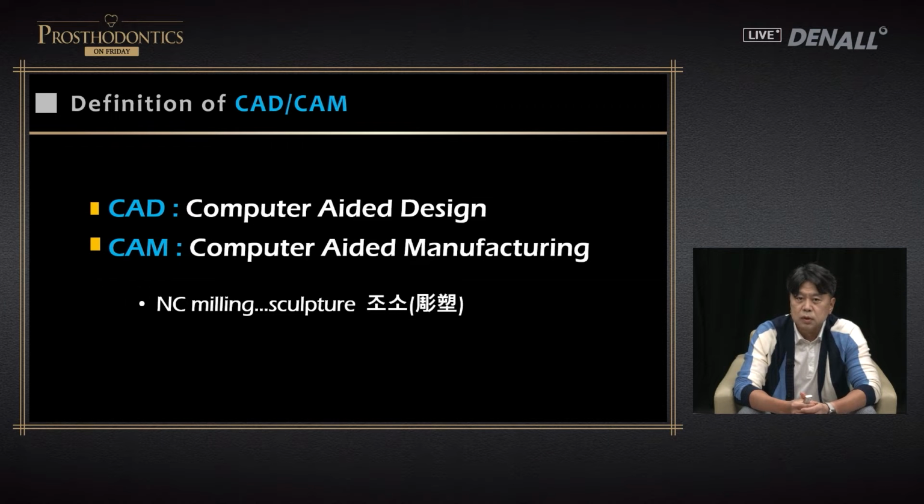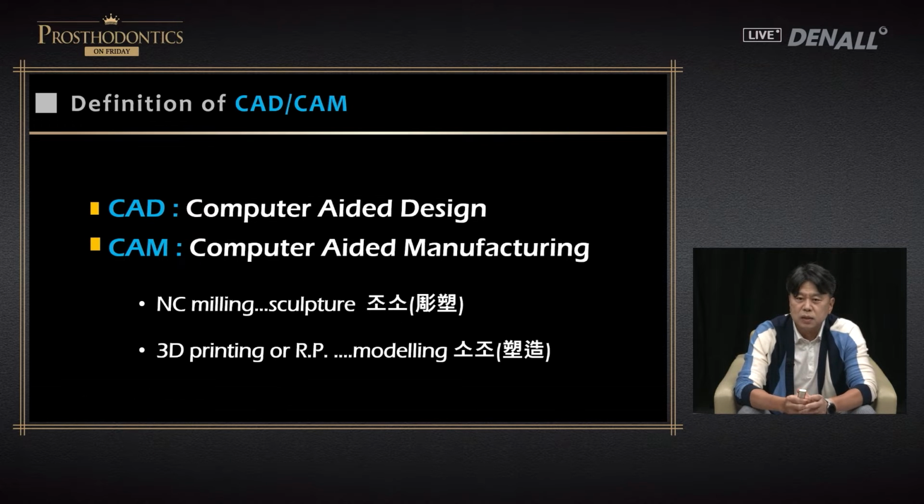There are 2 parts used in the dental offices. NC milling. Through numerical control, it is milled. In art, it is equivalent to sculpture. Out of a marble block, using a chisel, a beautiful sculpture can be made.